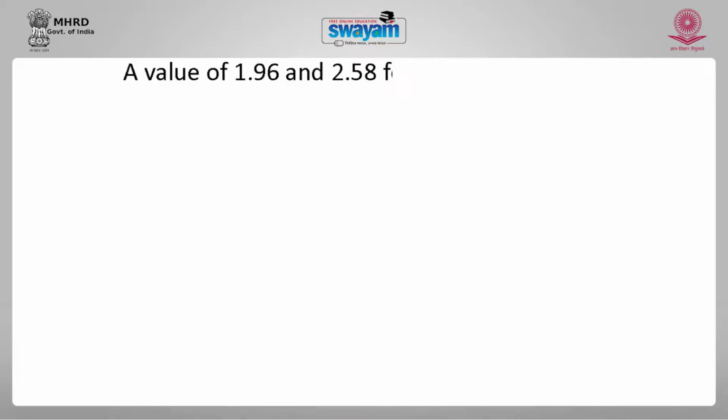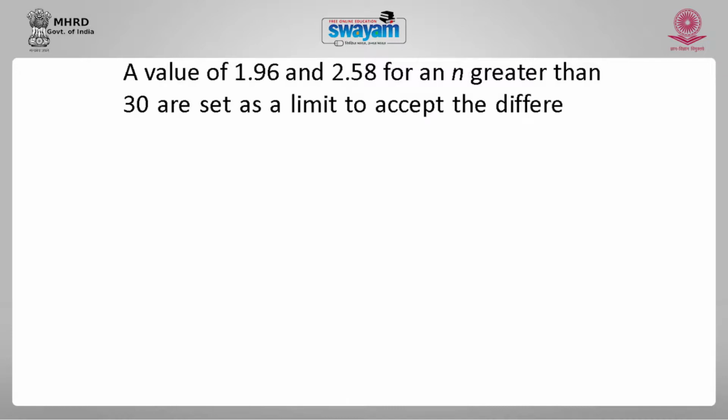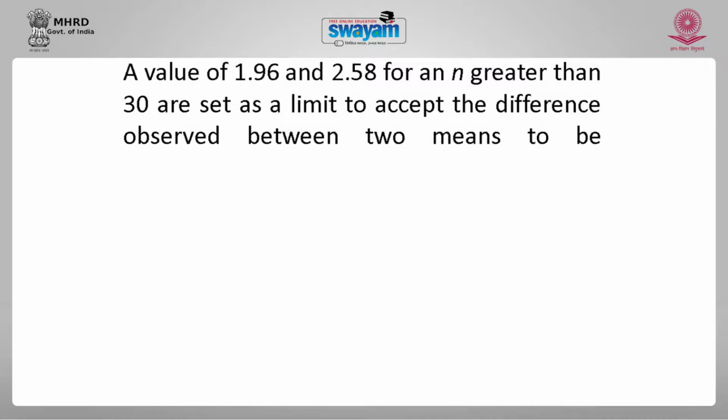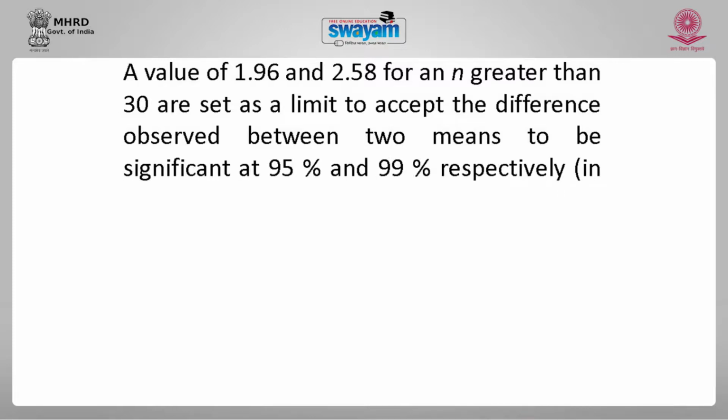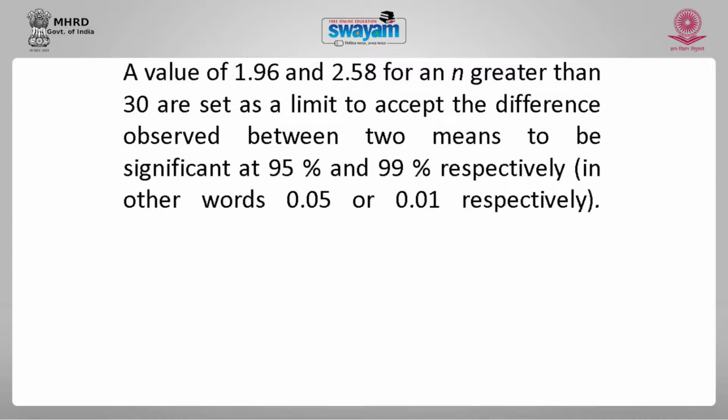A value of 1.96 and 2.58 for an n greater than 30 are set as limits to accept the difference observed between the two means to be statistically significant at 95% and 99% respectively. In other words, 0.05 or 0.01 respectively.